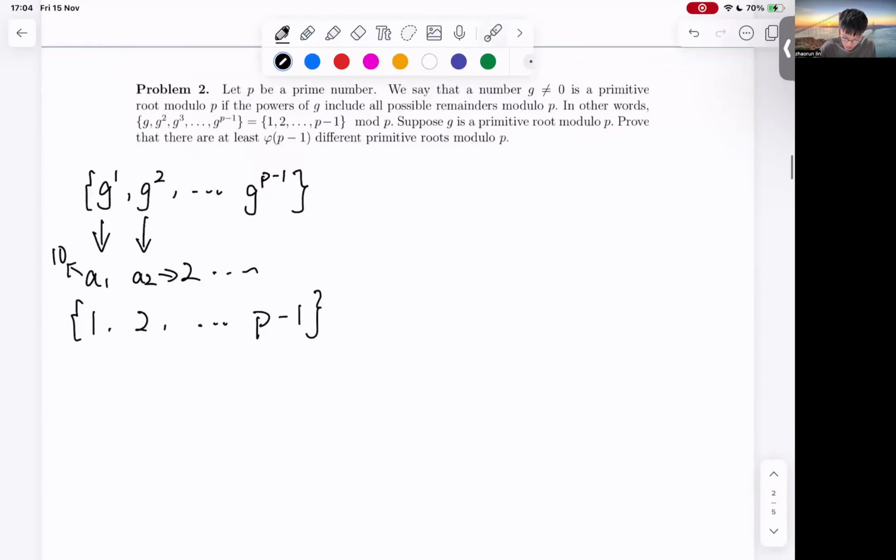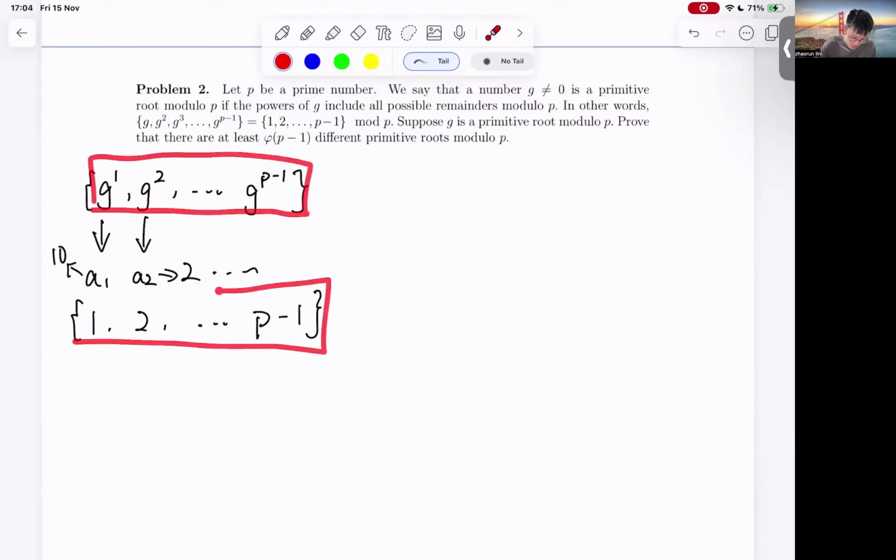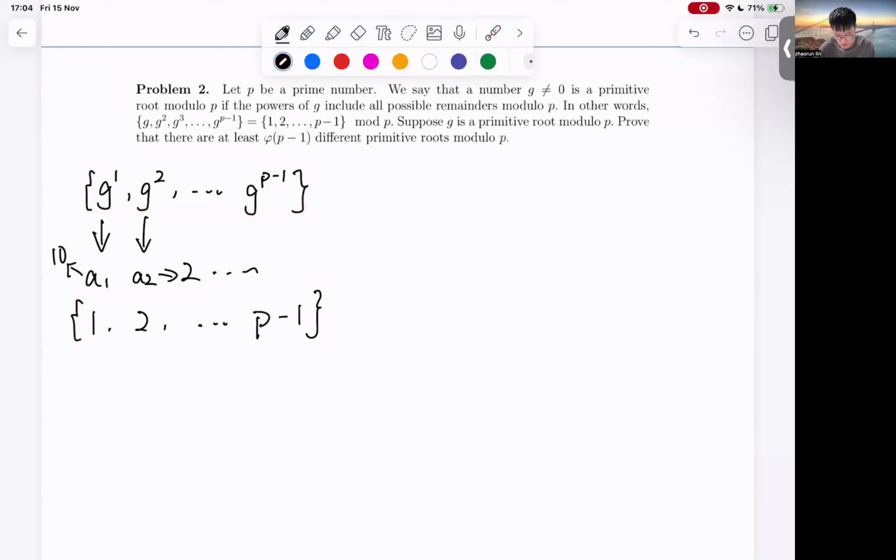If we want this primitive root to iterate all of the P minus 1 elements, then intuitively we would want a cycle with P minus 1 length in the permutation graph, right?